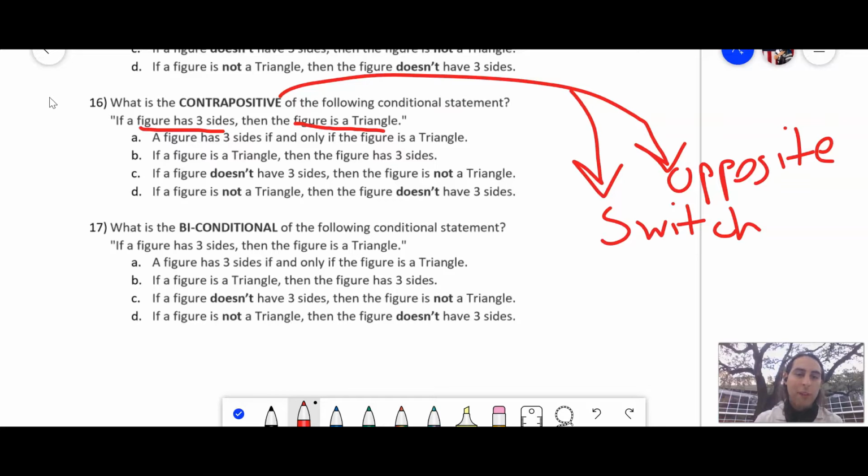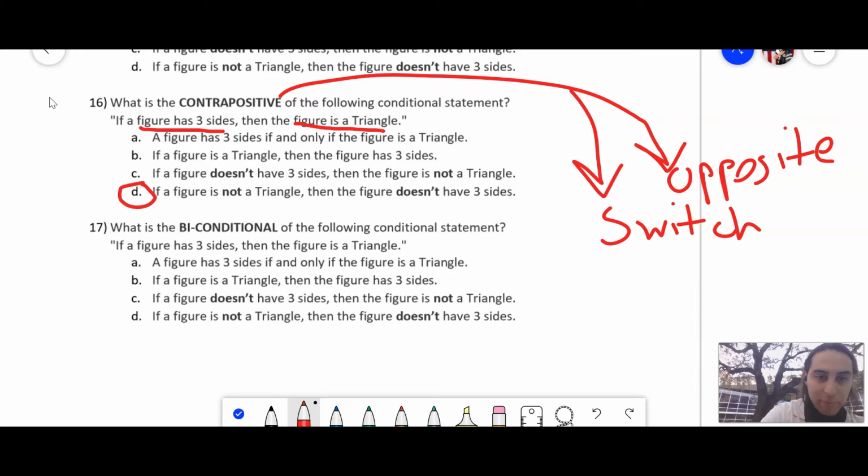So it's going to be if a figure is not a triangle. And now I'm going to take figure has three sides, put it at the end, make it opposite. The figure does not have three sides. So please remember, you have to do two things. Make it opposite, switch the order, okay? So if a figure is not a triangle, then the figure does not have three sides. That would be letter D.